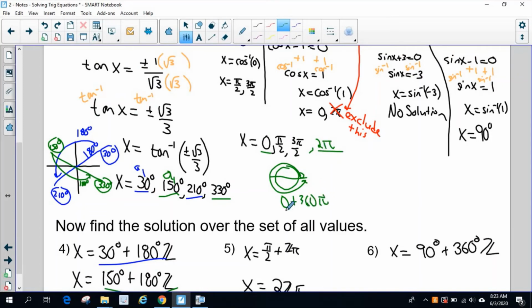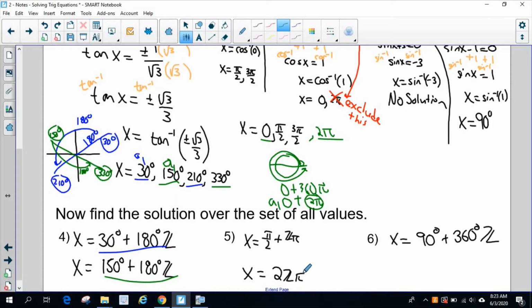But since we're talking about pi's in this case, we would change the 360 to 2 pi, and then we put a z in there. But I think you understand if a1 is 0, it's not really significant. So the answer would just be this, every single 2 pi, otherwise known as 2z pi. So that's the first answer.